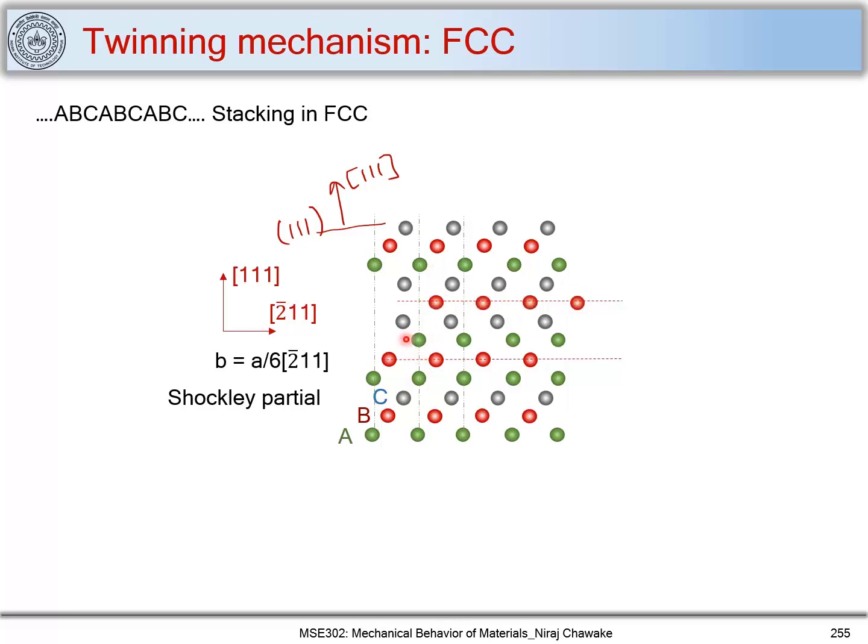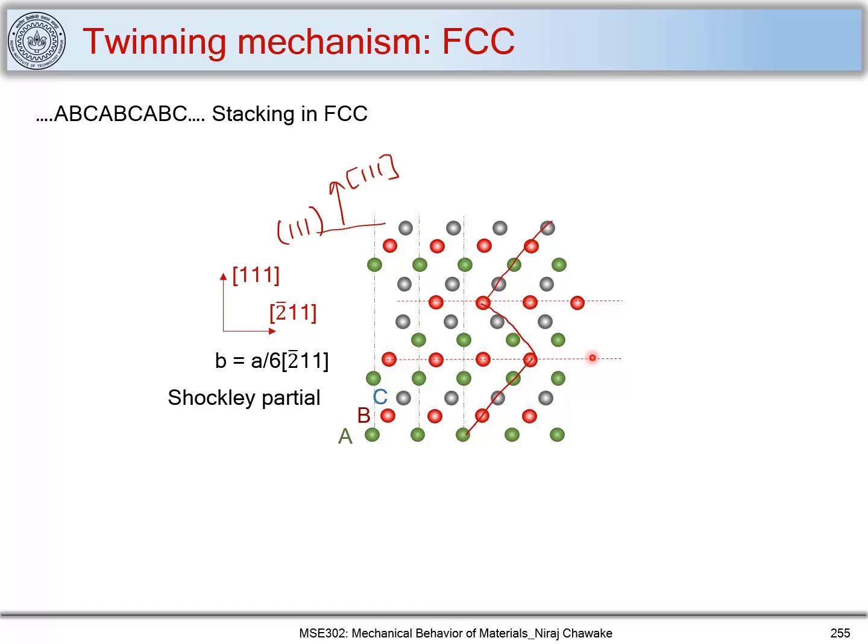Now if you look at this region between these two boundaries, or these two planes which we have moved, we can see that there is a formation of twin. Let me mark that over here. Let's consider this direction and this direction. You can see that there is a twin which has formed across this boundary.